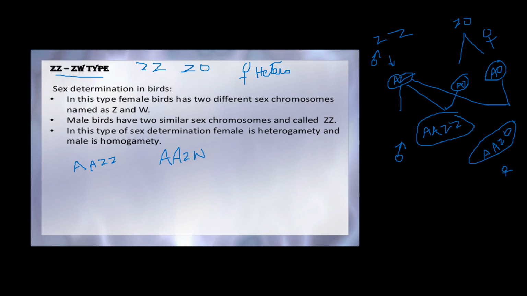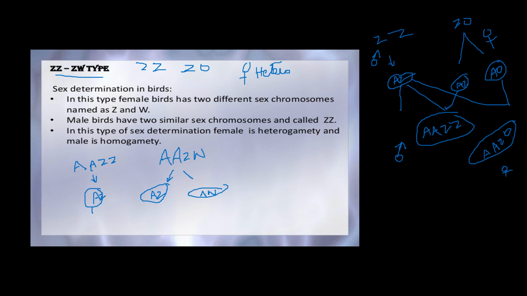The sperm produced here is the same, homogametic, so it will always be AZ. And here the female produces two types of eggs, that is AZ and AW.